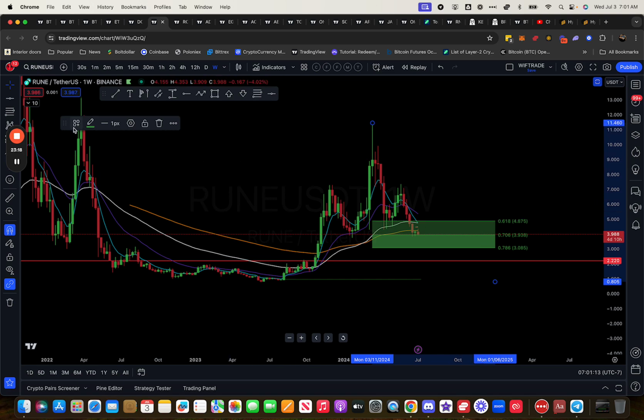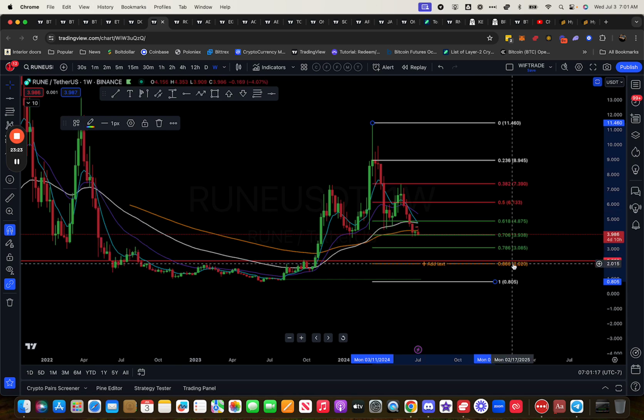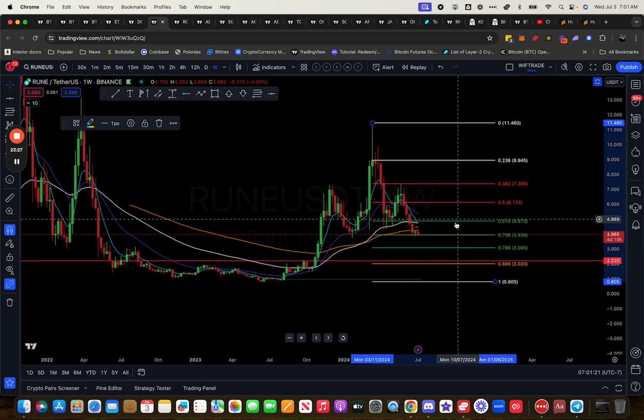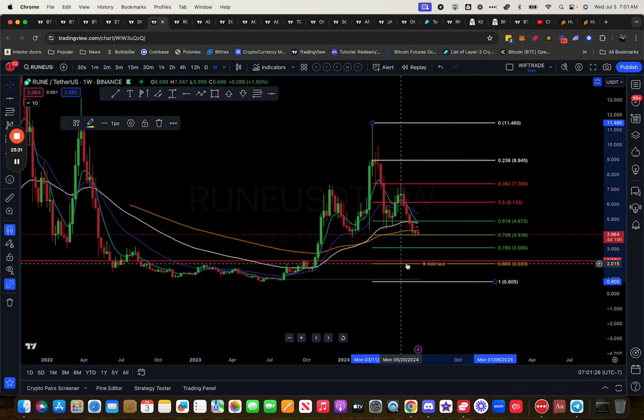So what I'm going to do here is put in 886. So if this fails, if we invalidate the reload zone, look at that. No coincidence that the prior strong resistance, new support would fall right on 886. See, that's called confluence, guys.